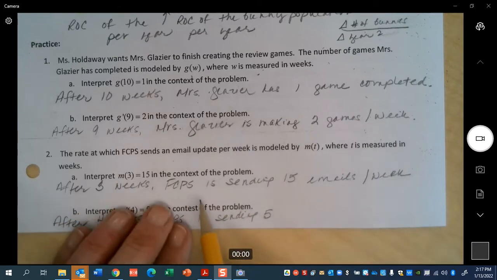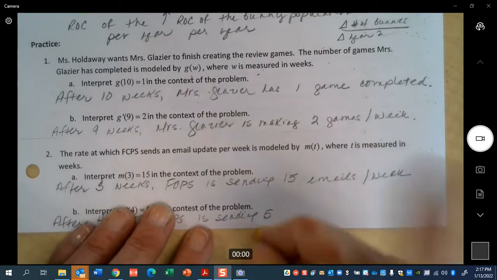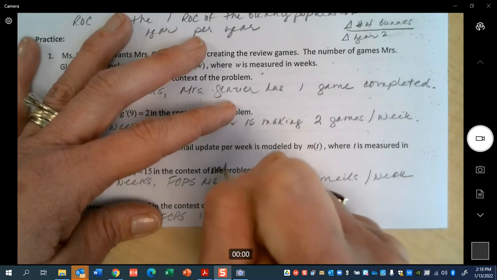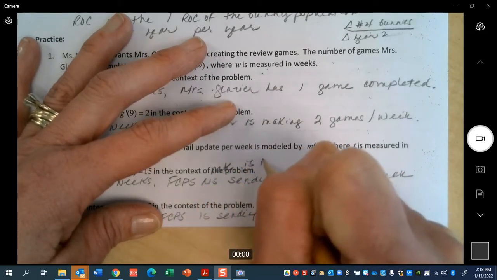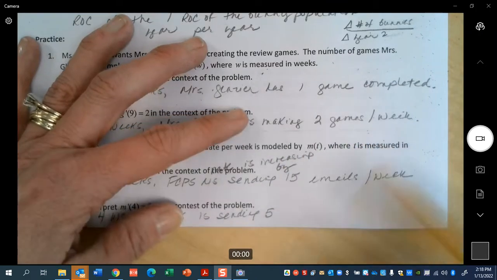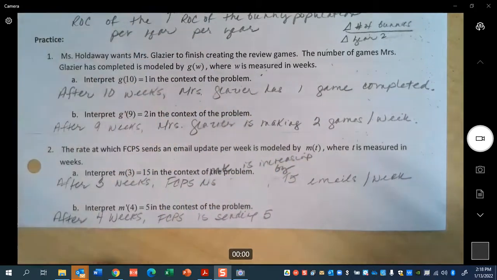After 3 weeks, FCPS's, wait a minute, we need to include the rate. Hold on. FCPS's rate is increasing. That's what it is. Increasing by 15 emails per week. That's what that needs to say. Because here, wait till you see this one.